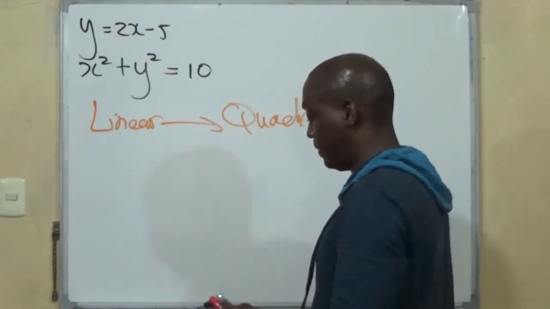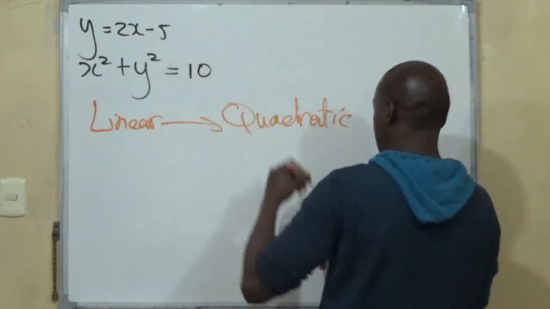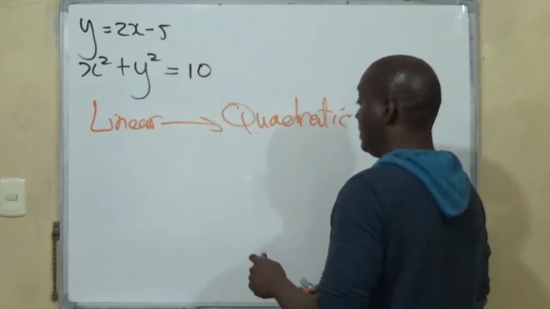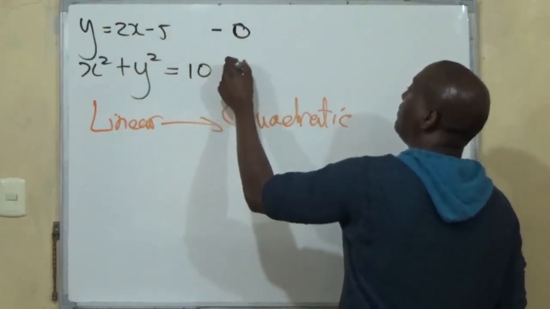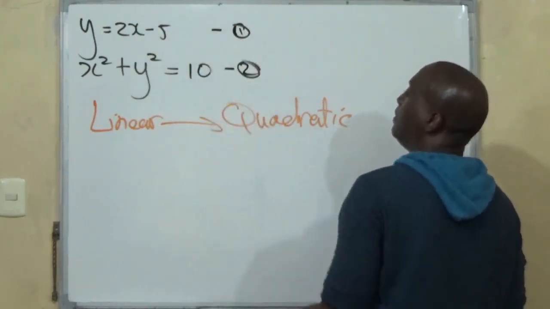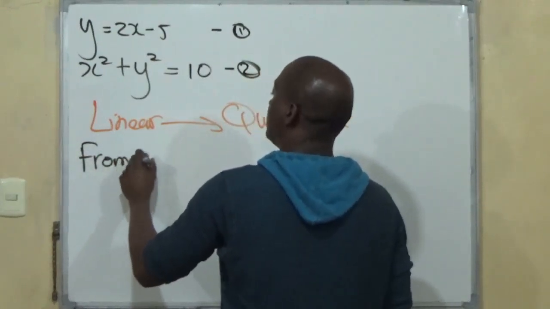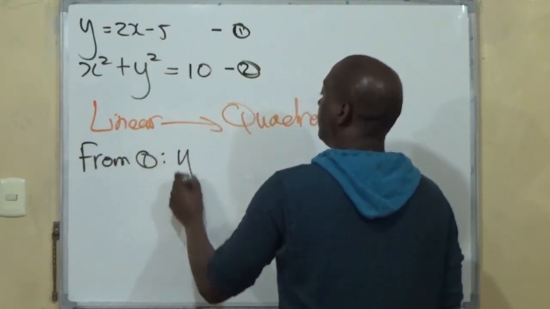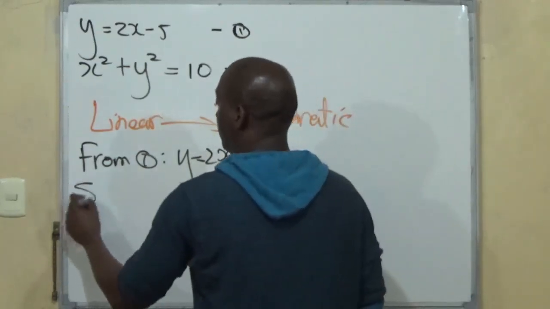It's done there already. So if you take the traditional approach of numbering the equations, you have this as equation 1, and you have this as equation 2. Then you could say from equation 1, you already know that y is equal to 2x minus 5. And then you say, now look at the substitution here.